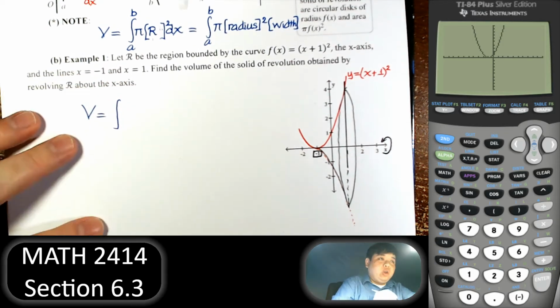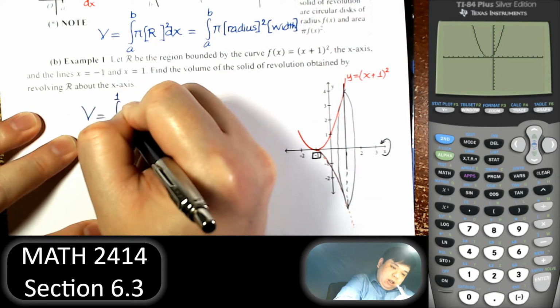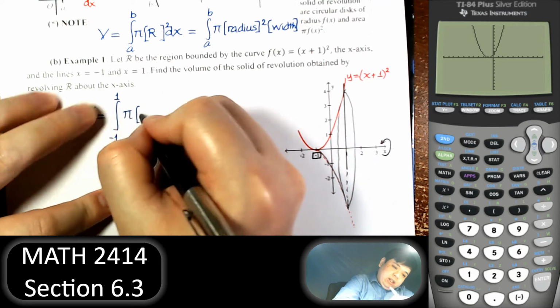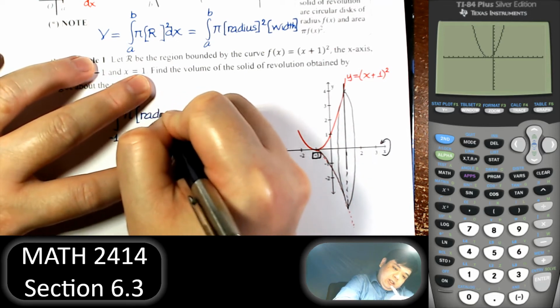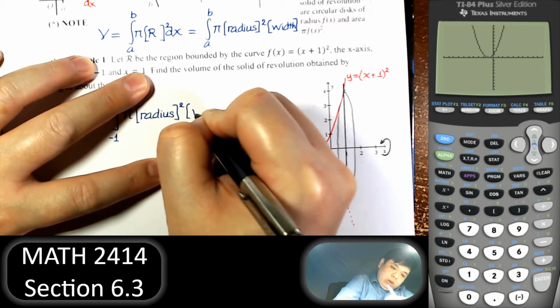We know the limits from -1 to 1, so that limit is easy to determine. It's going to be pi, the radius squared, and then the width.